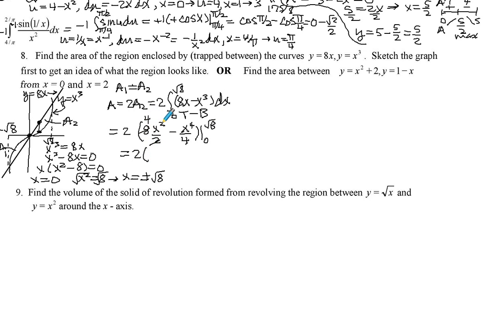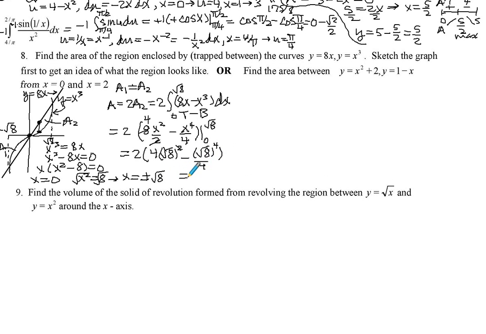So if we plug in the square root of 8, this is going to be 4 times root 8, and that gets squared, which is just going to be root of 64, or 8. The square and the square root cancel. Minus root 8 to the 4th power over 4.